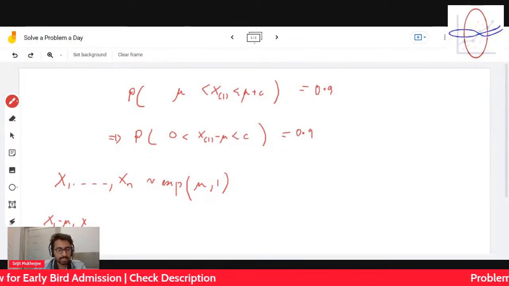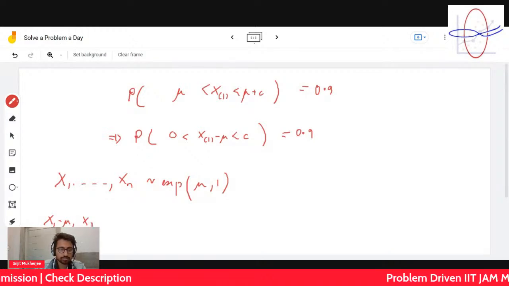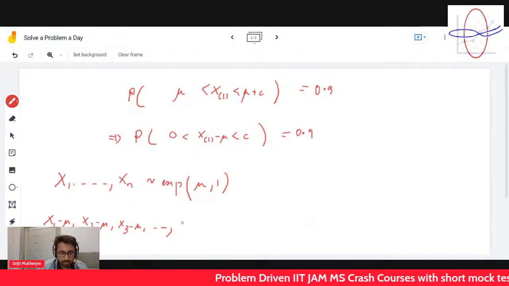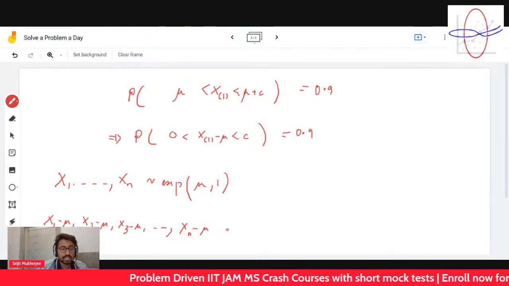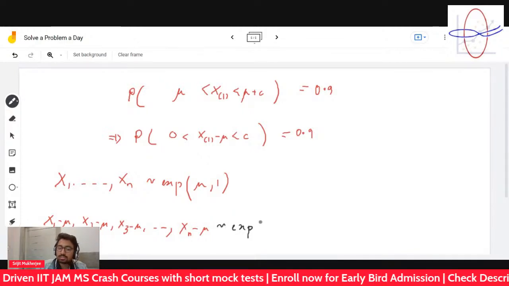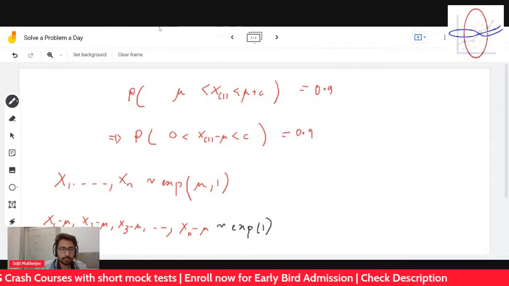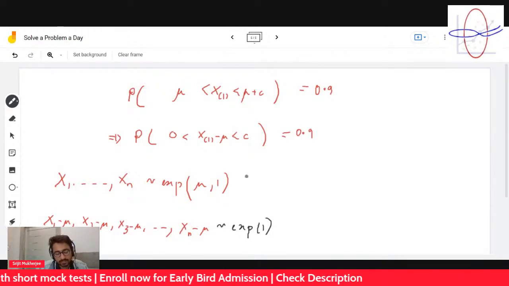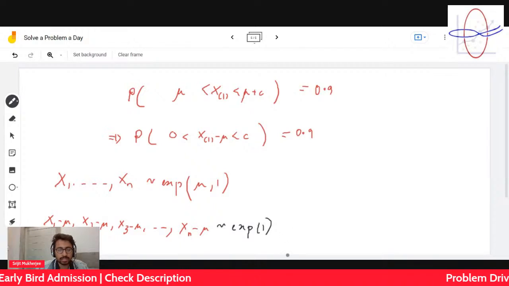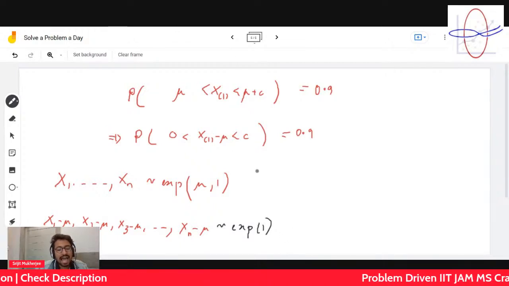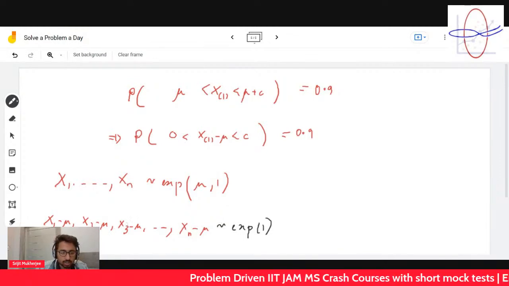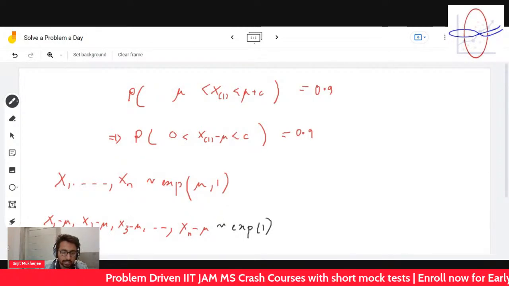If you transform all the random variables this way, can you tell me what this is? This is nothing but an exponential with parameter 1. So the location parameter is 0, which is equivalent to the normal exponential that we know. And if this happens this way, let's call these y1, y2, ..., yn.